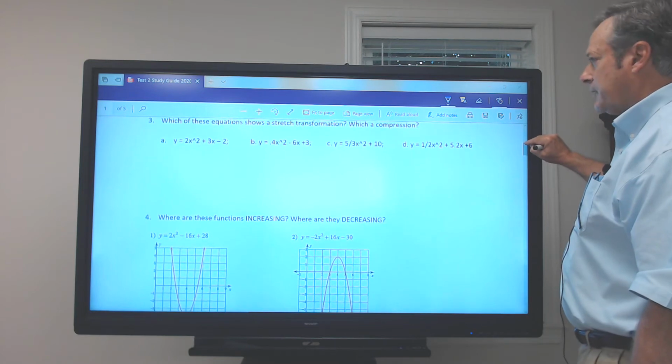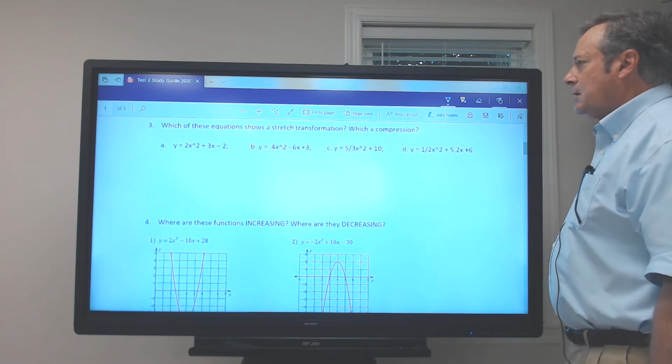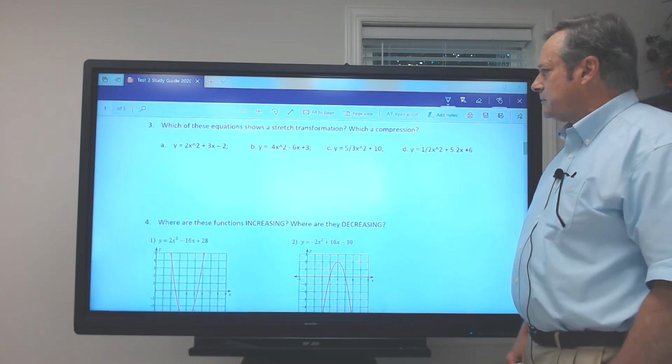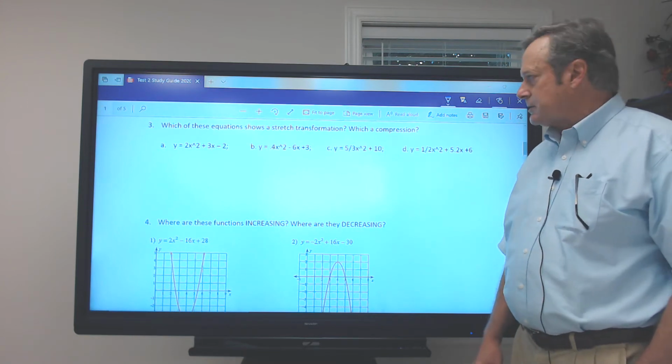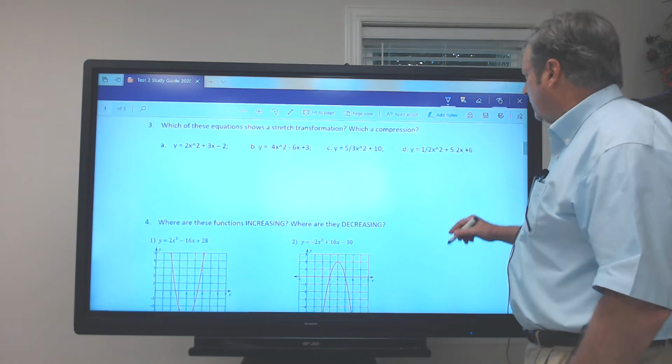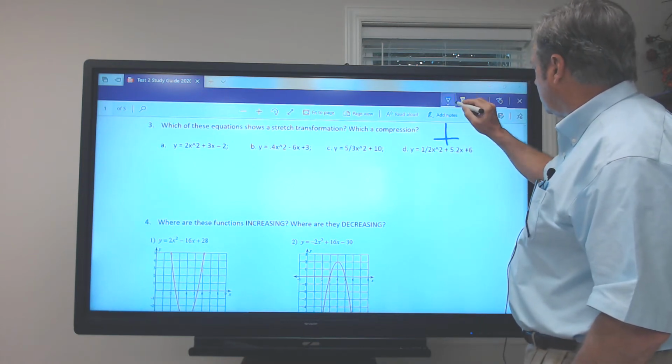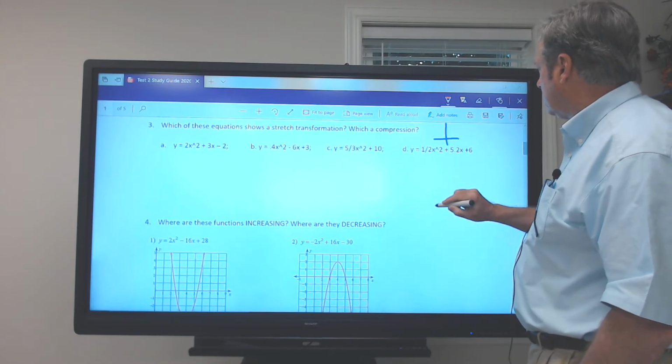Now, number 3. Which of these equations shows a stretch transformation? Which of these shows a compression? Well, let's review it. Let me see if I can get a different color here. This is kind of cool.